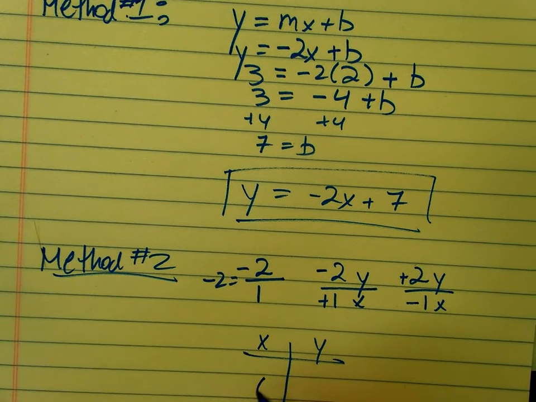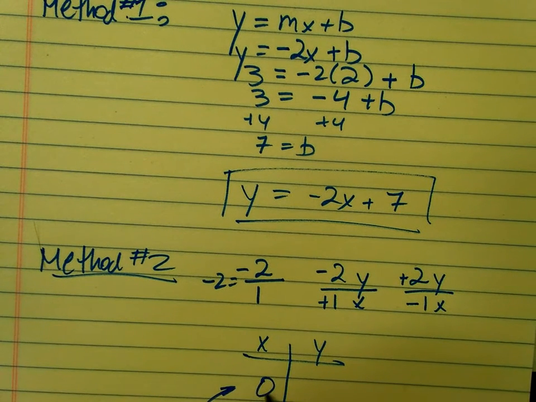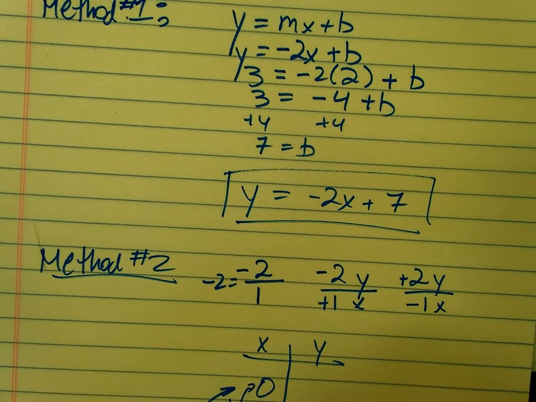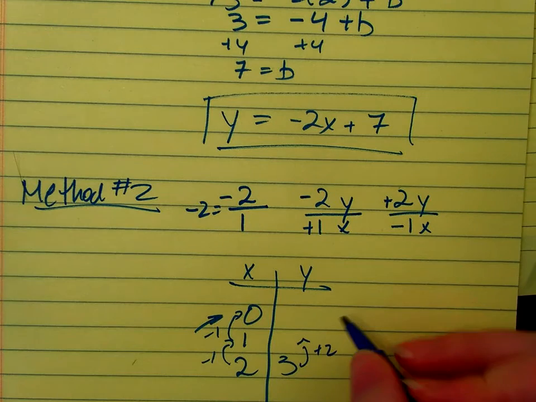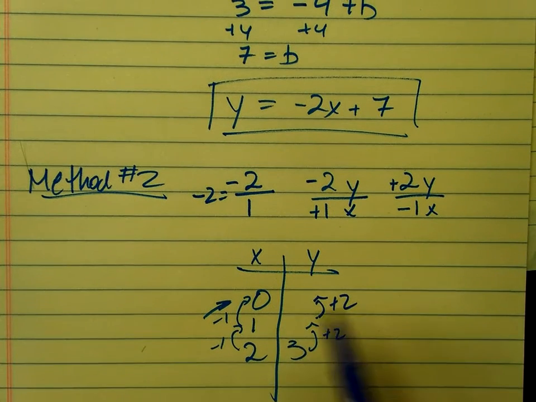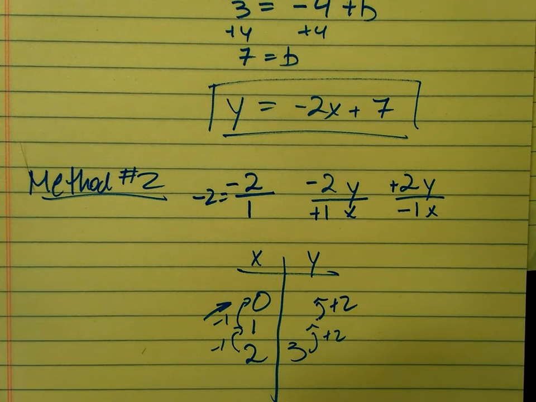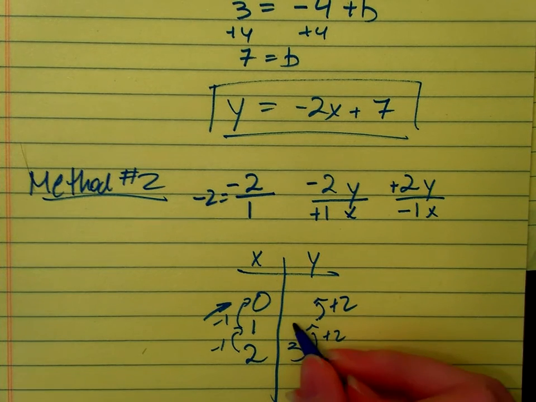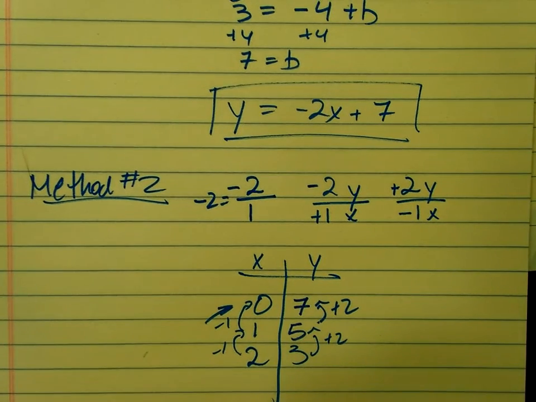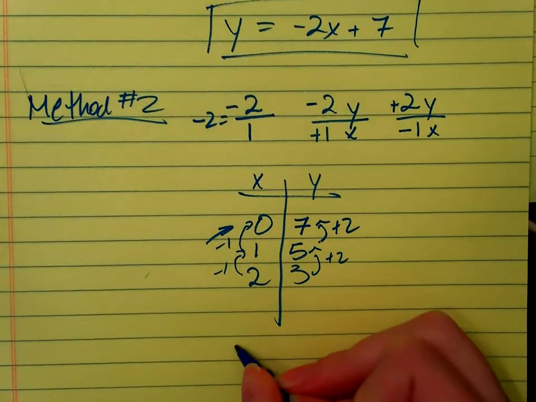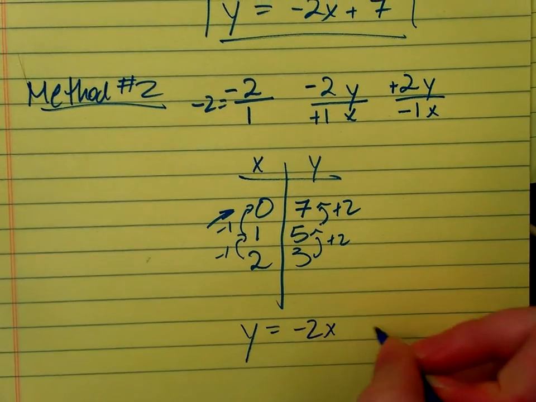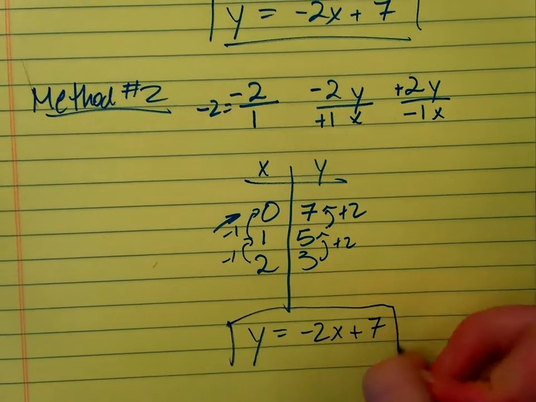And we want to go ahead and count down to when x is 0. Well, every time we subtract 1 on the x, we're supposed to add 2 to the y. So I'm filling out my table and filling out the information that I know needs to happen. So 3 plus 2 gives me 5. 5 plus 2 gives me 7. Either way, I got that my equation is y equals negative 2x plus 7.